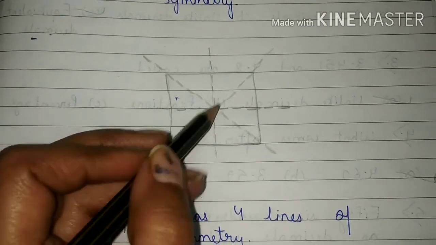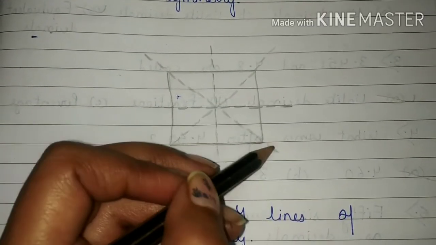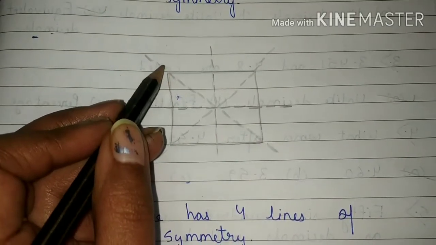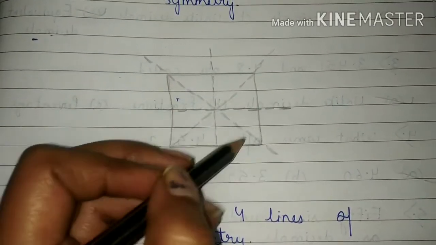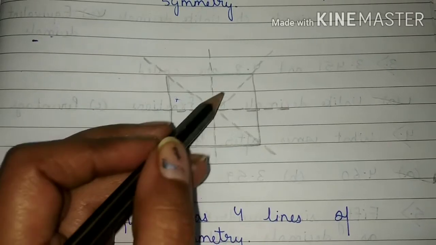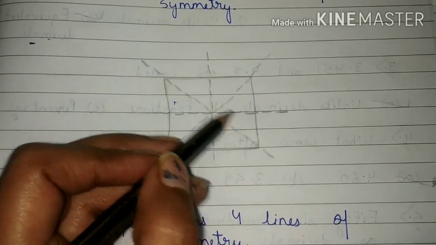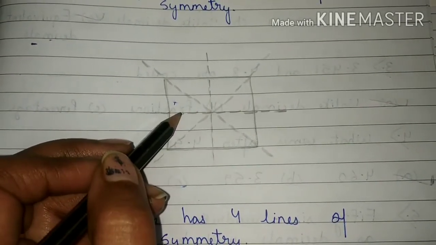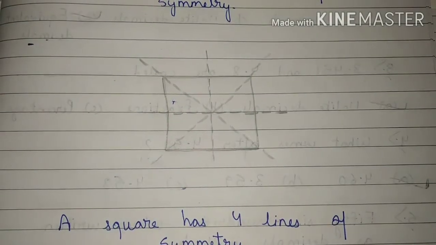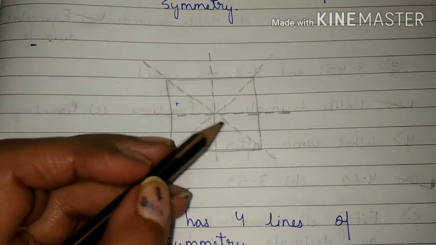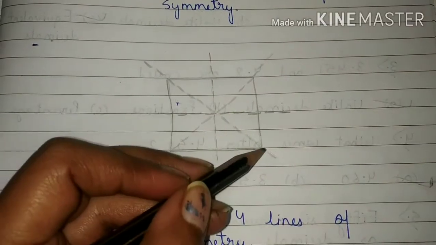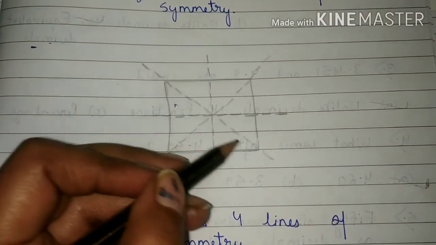Why are they overlapping each other? Because this line divides the figure into two equal parts of same shape and size. So students, this line is known as line of symmetry.